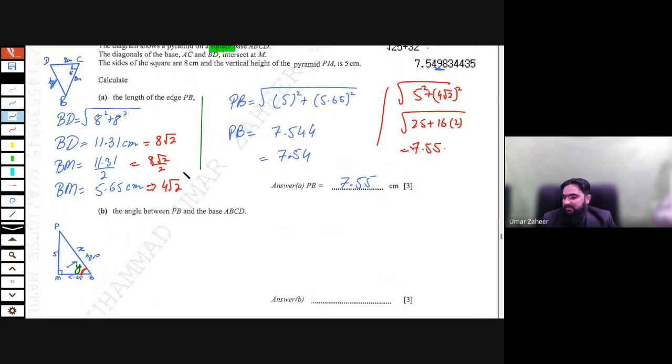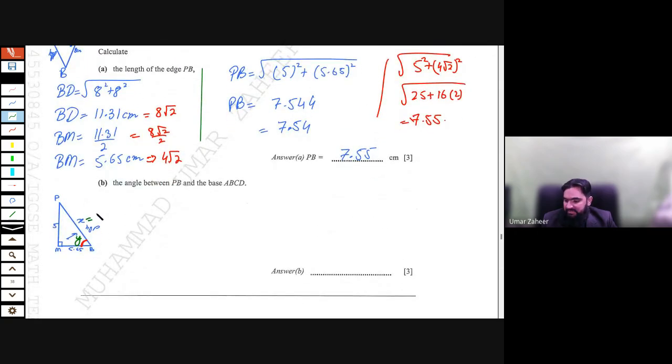Obviously, we have all the sides because we have found PB as well, that is 7.55. You have all the sides, you need to find the angle. So you can use any trigonometric ratio to find the angle. Which trigonometric ratio do you want to use here?